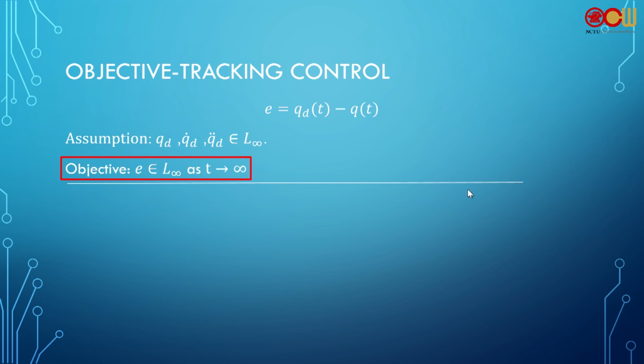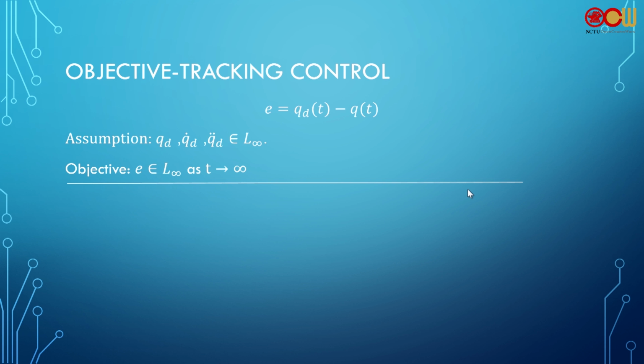We want E to be bounded, at least bounded, but if you can find E converge to 0, that would be great. But because we are discussing the unknown parameters, sometimes the error could not go to 0. Okay, but at least you need to design a controller that can ensure the error will be bounded.